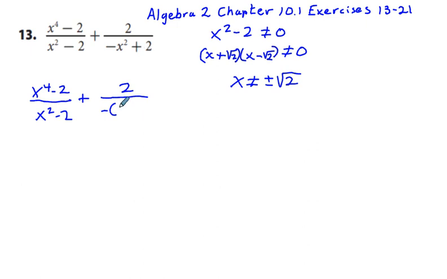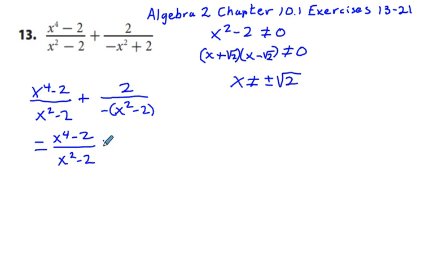So we're going to have negative x squared minus 2. And then we can rewrite this fraction again. We have x to the fourth minus 2 over x squared minus 2, and then we'll put this negative sign up top.